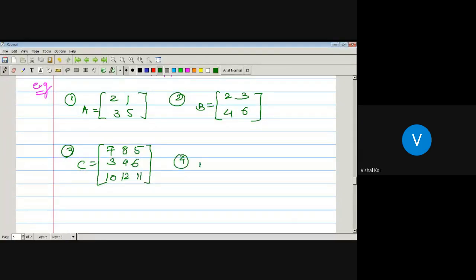Fourth one, 1, 2, 3. Now tell me whether the first one is a singular matrix or non-singular matrix.